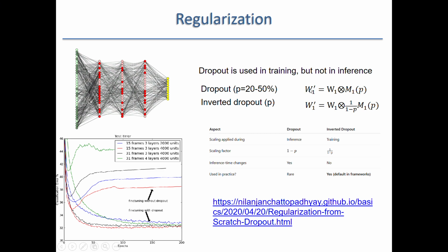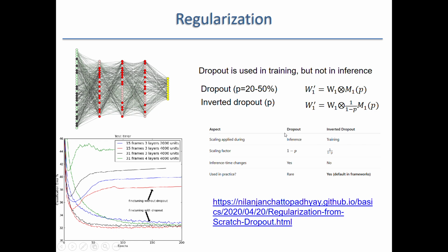So in practice what you do is something called inverted dropout, in which you rescale the weight matrix so that the energy of the vector is the same as the one that will be used during inference. In the standard dropout, the scaling is performed at inference time, so there is no scaling during training.